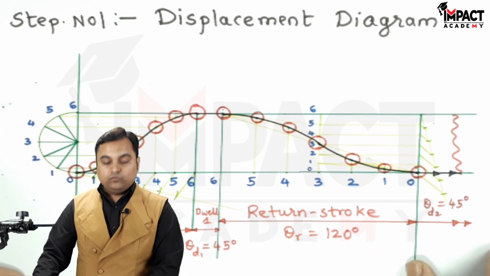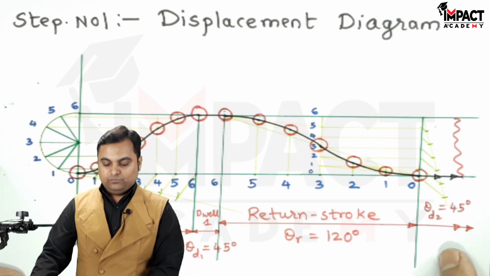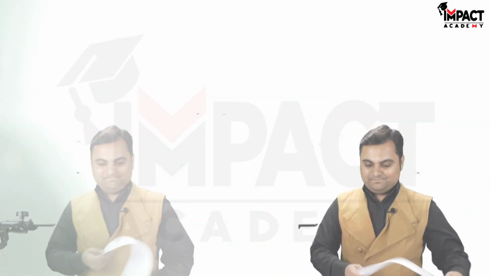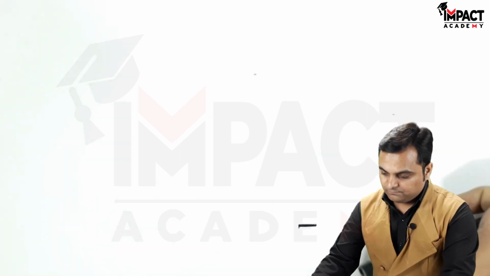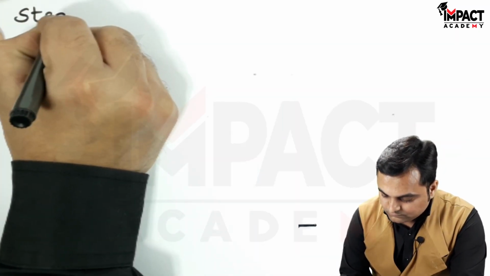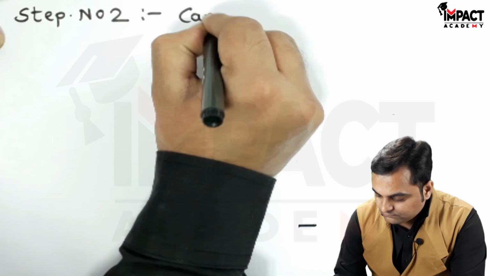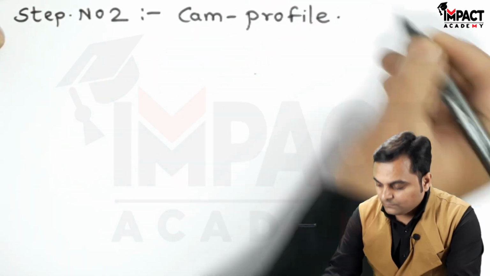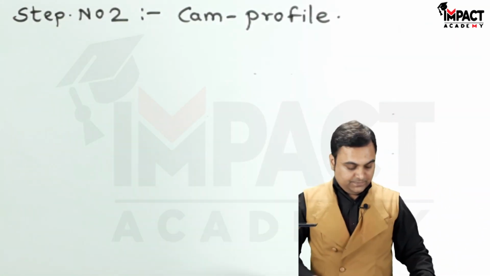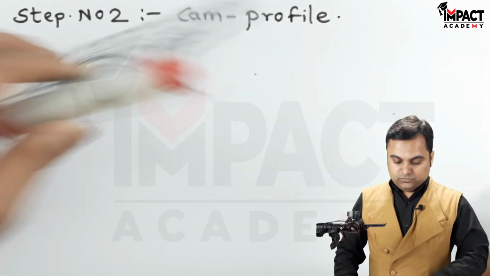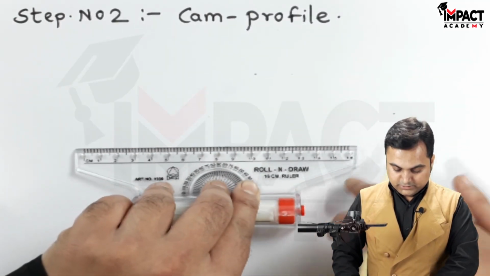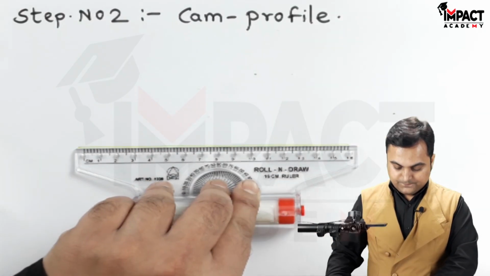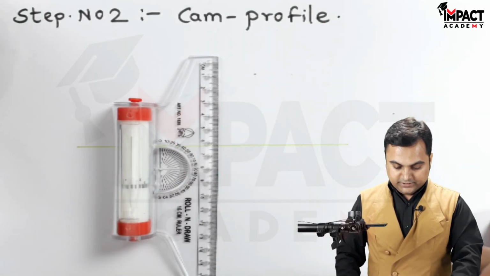Next, step number 2 would be the cam profile. So let's get started. Now for the cam profile, drawing a light horizontal line and a light vertical line.